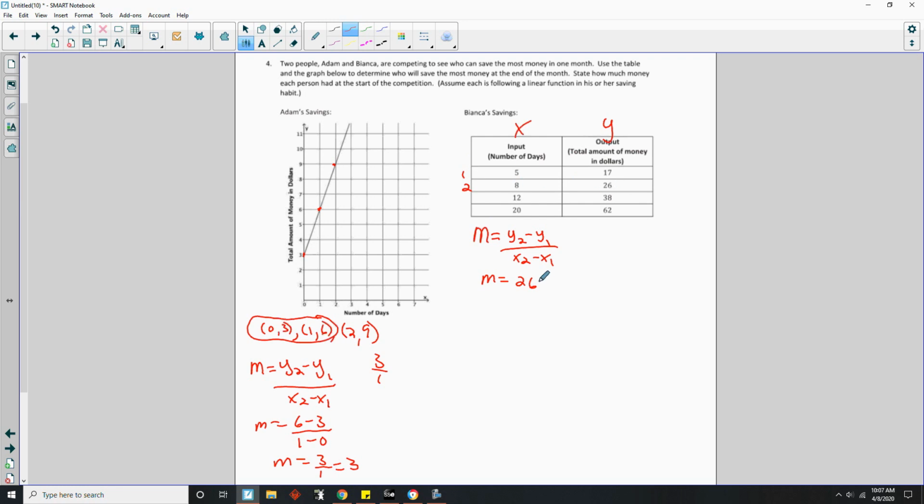So y2, 26, minus y1, 17, divided by x2, which is 8, minus x1, which is 5. So that is going to give us 26 minus 17, which is 9, divided by 8 minus 5, which is 3. So that's going to also give us a rate of change of $3 per day.